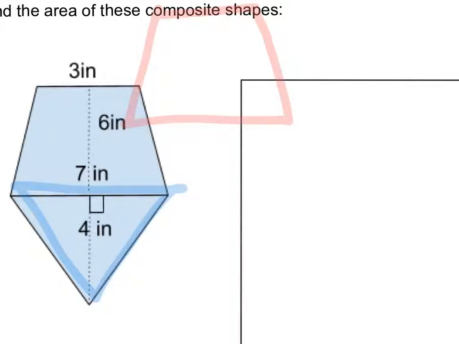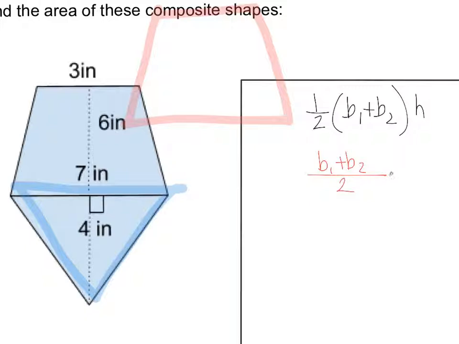So the official formula is 1/2 base 1 plus base 2 times the height. That's the mathematical formula, but the common sense formula that you could think to yourself is add the 2 bases, then divide by 2 and multiply by the height. You could do that. Or you can multiply by the height and then divide by 2.